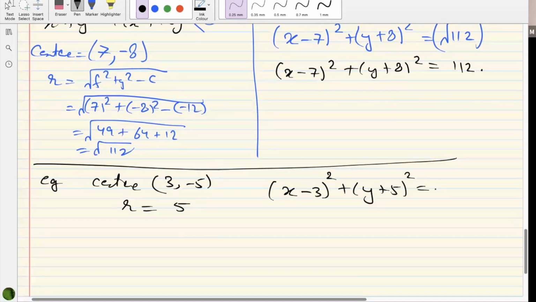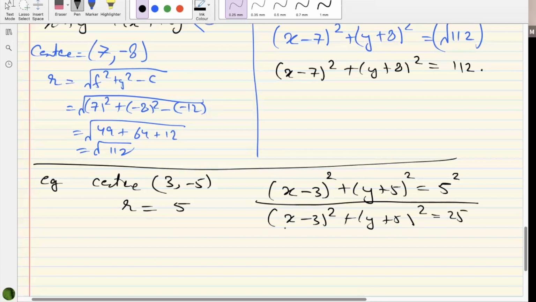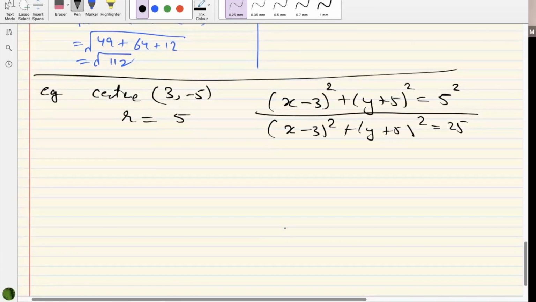Again, the change in sign, is equal to r squared. So this is your equation: x minus 3 whole squared plus y plus 5 whole squared is equal to 25. Both are acceptable, unless the question gives you a general form and requests you to write in that form.